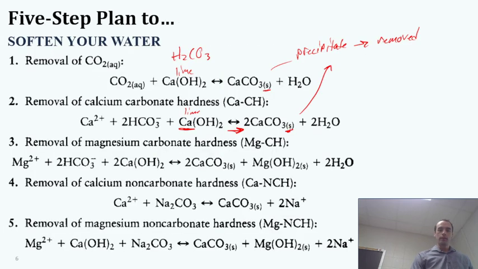So backing up then, we can remove magnesium carbonate hardness by doing the same thing. And this is because we can precipitate magnesium in terms of magnesium hydroxide, Mg(OH)2. That's favorable. Again, when we add a lot of lime, we are getting more of the calcium carbonate, but also the magnesium removal. Okay, this just turns out the way the chemistry works. We can push it that way by, again, adding our lime.